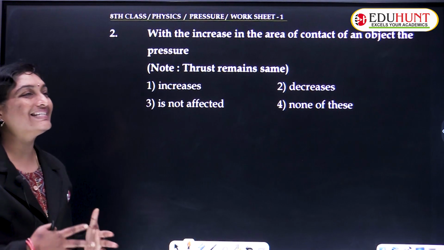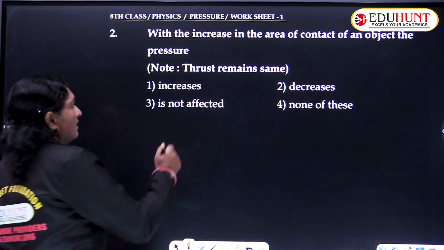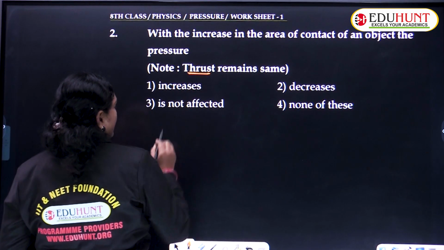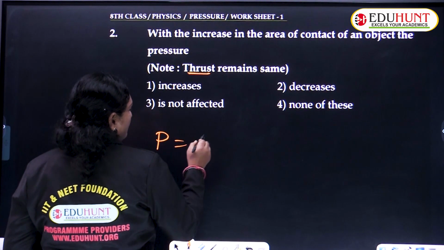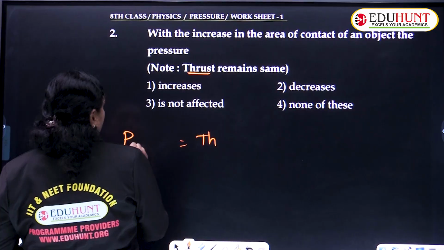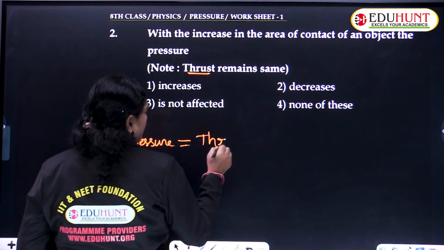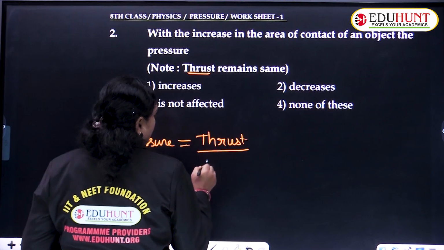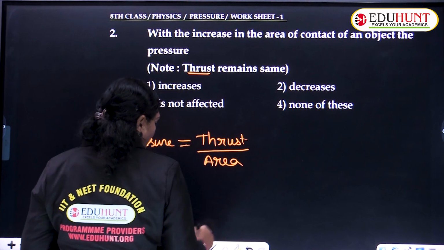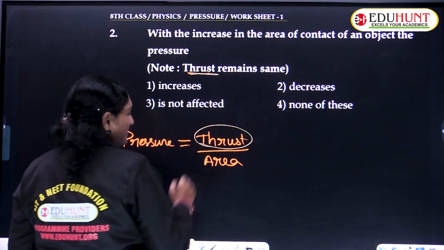With the increase in area of contact of an object, the pressure. They said that thrust remains the same. As we know, pressure is defined as thrust upon area. Since thrust remains the same, it is constant.